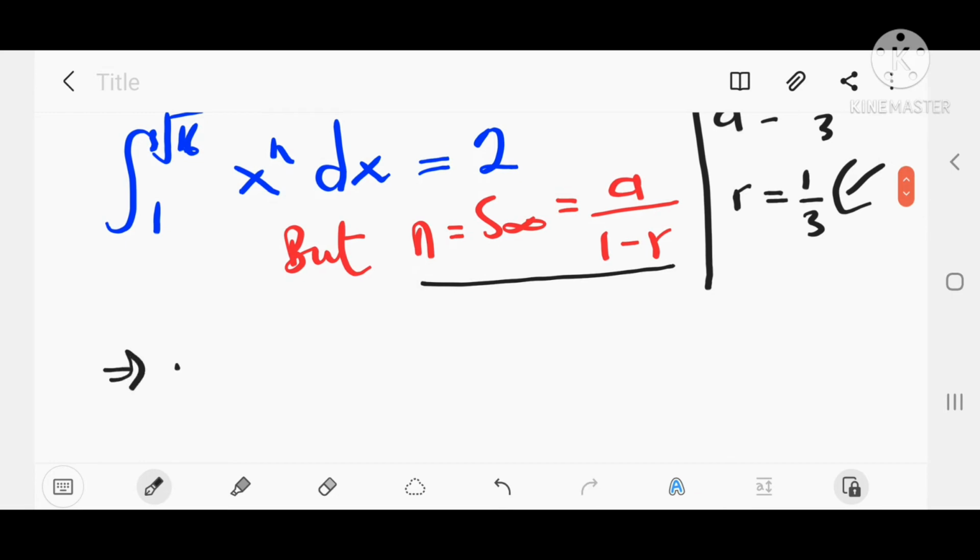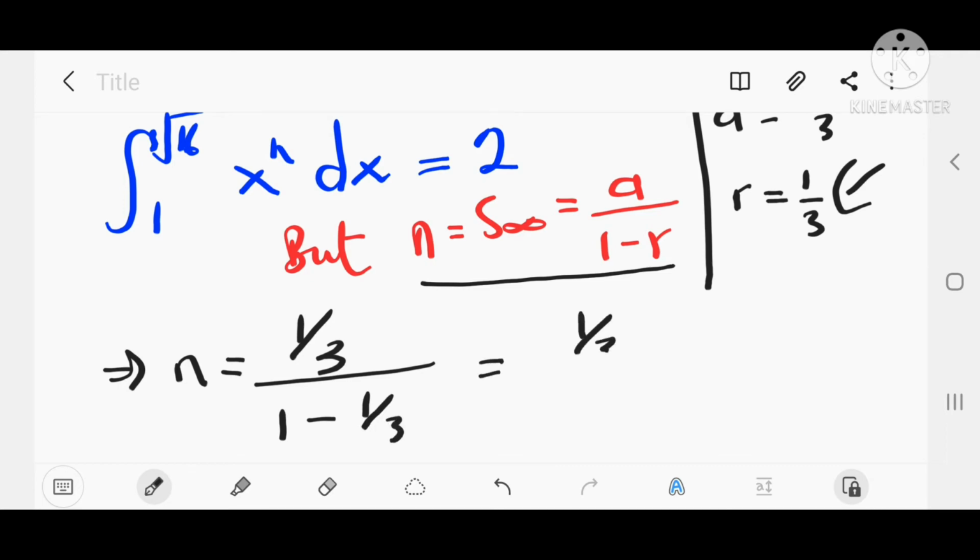This implies that n will be equal to 1 on 3 all on 1 minus 1 on 3, and that will be equal to 1 on 3 on 2 on 3, and that will give us 1 on 2. So n equals 1 on 2.